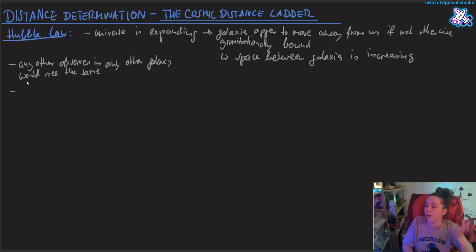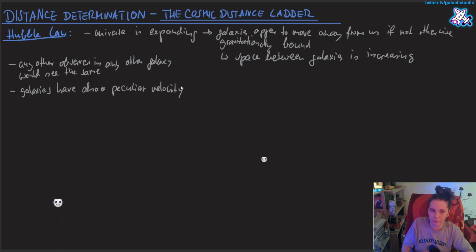Okay, so let's say, for example, galaxies have also a peculiar velocity, right? Why do they have a peculiar velocity?